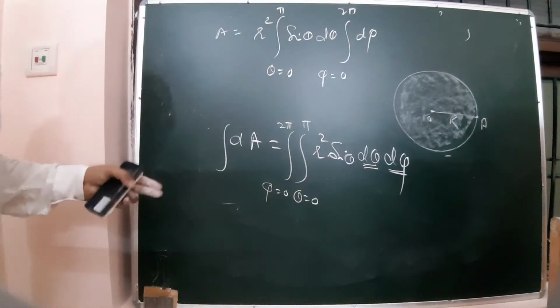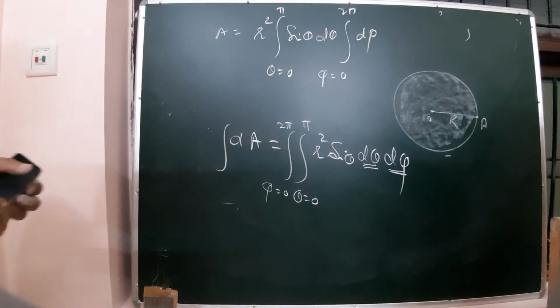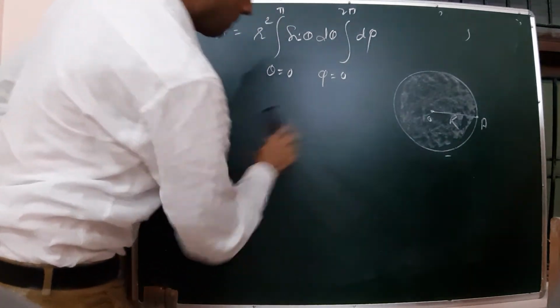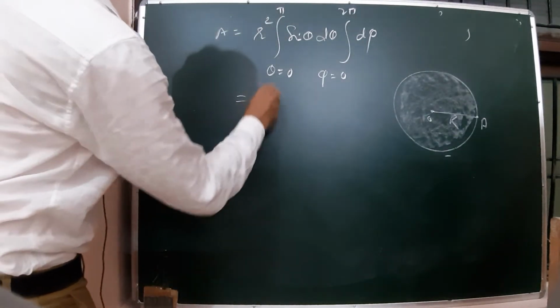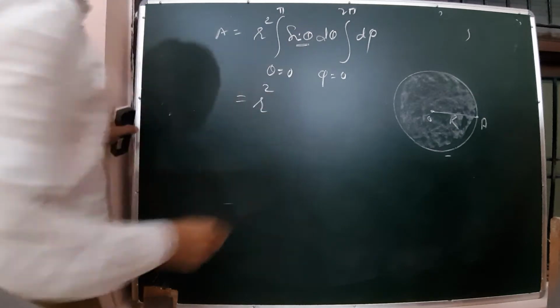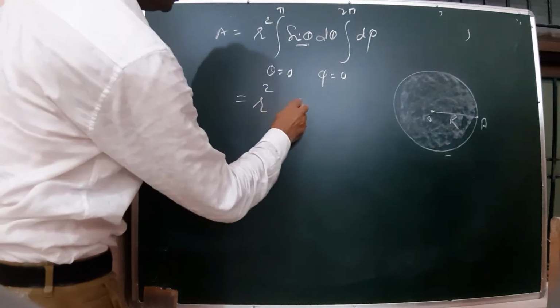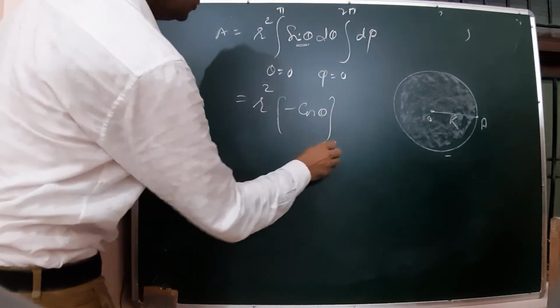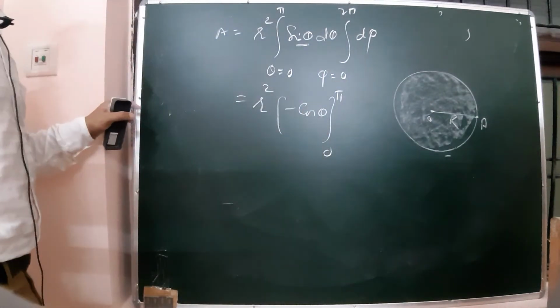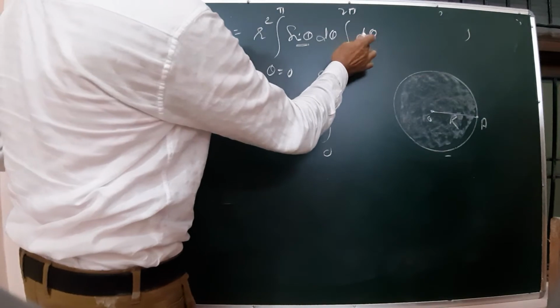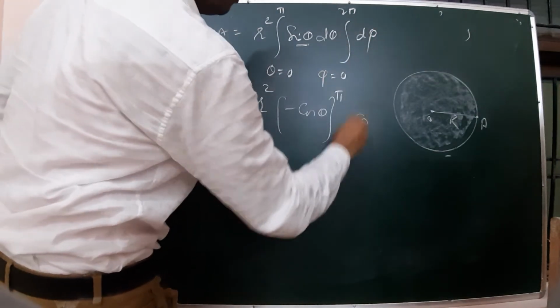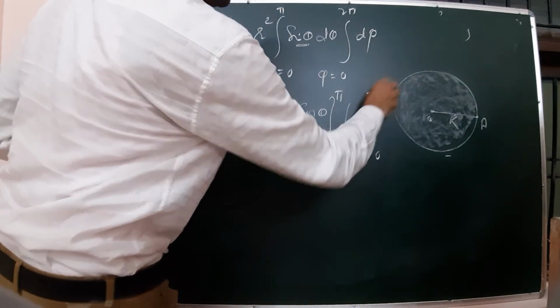These are the separations. Now, r square, integral of sin theta is minus cos theta, you know that, from 0 to pi, and similarly integral of d phi is phi from 0 to 2 pi.